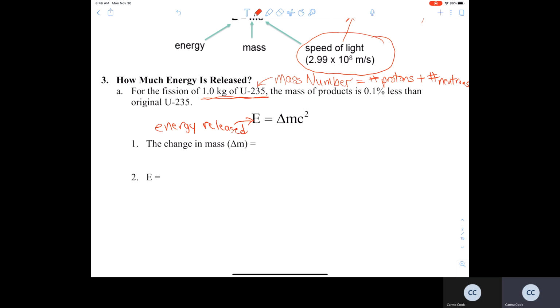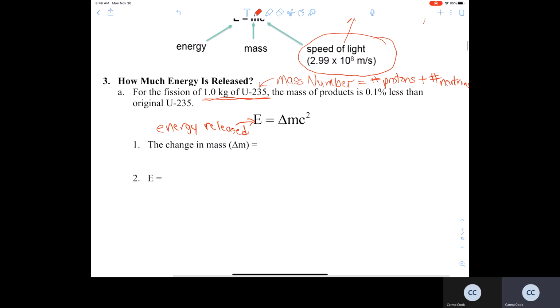So there is a total of 235 as far as our mass number: the number of protons plus the number of neutrons is equal to 235. And so the energy released is going to be equal to the change in mass, delta M, times the speed of light squared.